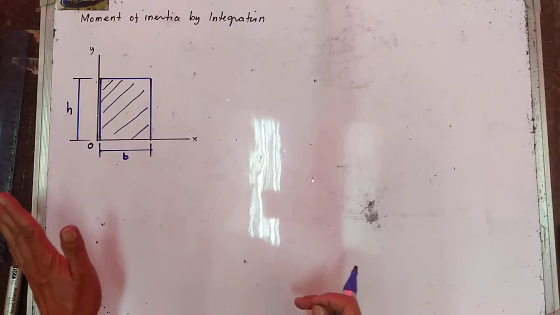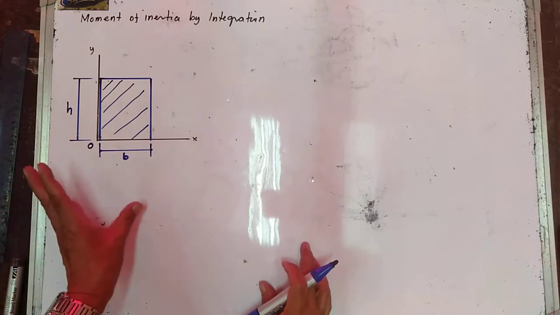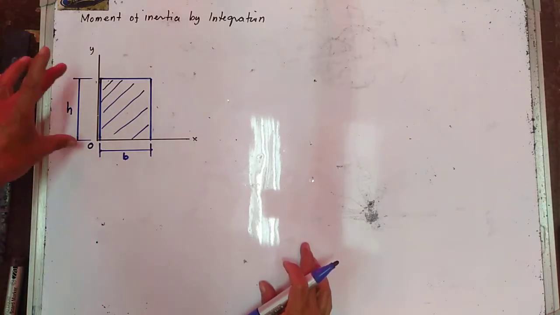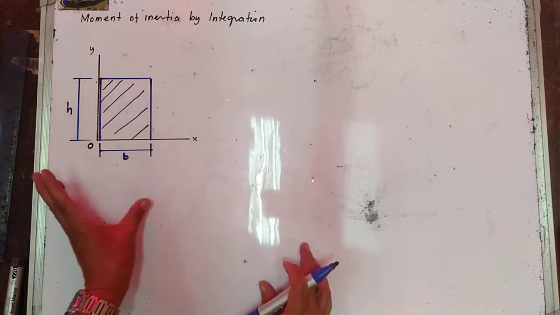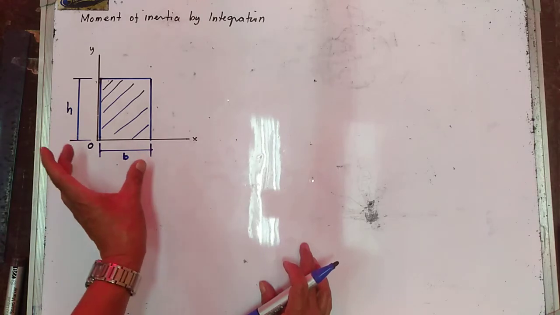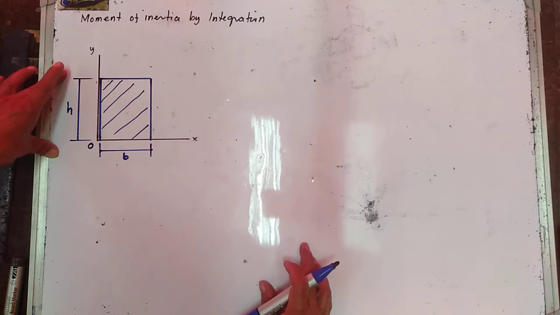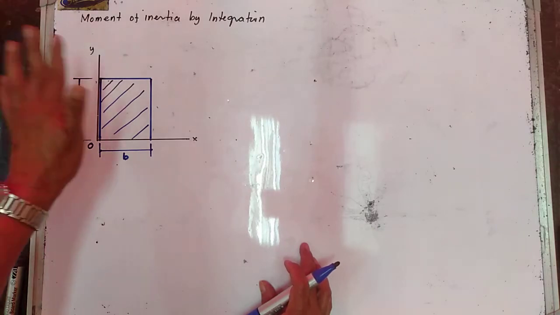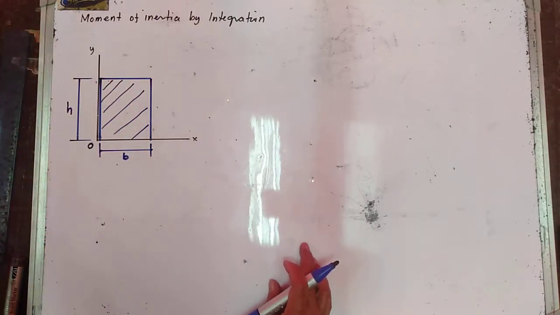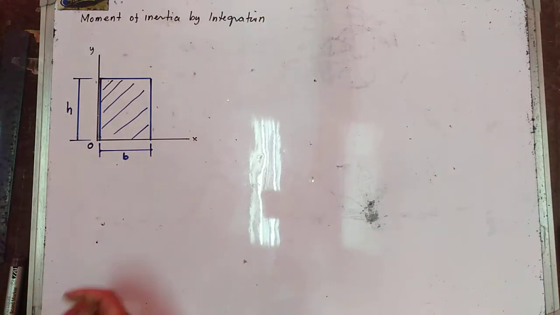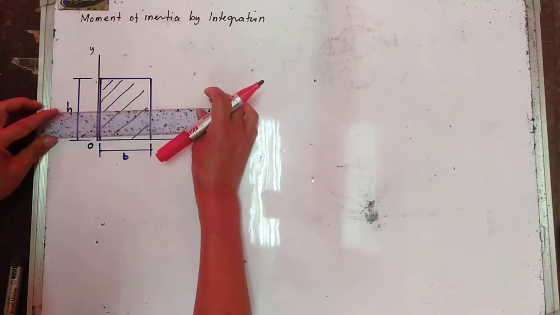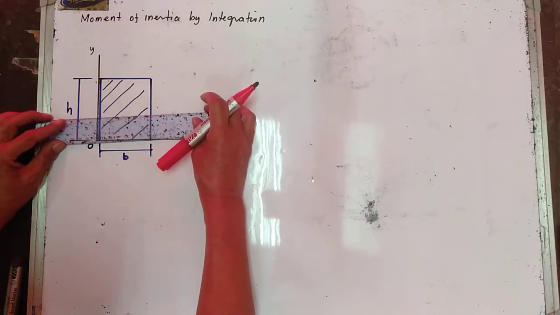Okay, let us try to determine the moment of inertia of this rectangular figure shown. The base is b and the height is h. So we have the moment of inertia by integration. Now, let us consider a differential strip of this total area.